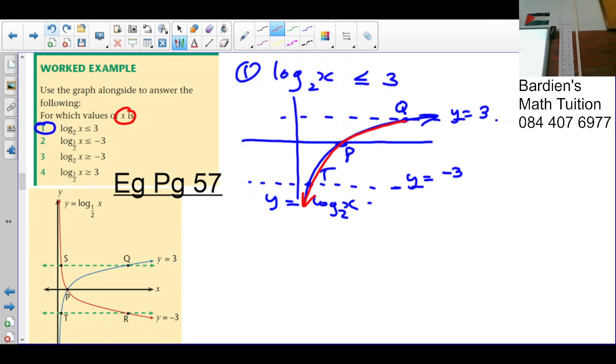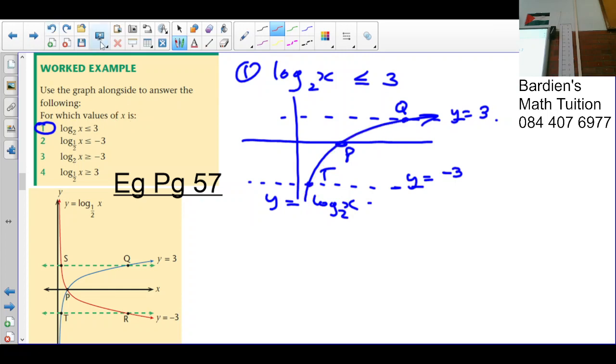So from which value does it start? Does it start at negative infinity? No. It starts at 0 till the x coordinate of Q. You all agree with that? So is the solution continuous or not? Yes, since everybody is saying it's continuous, you're all right.